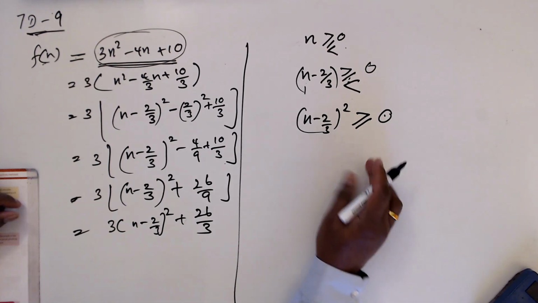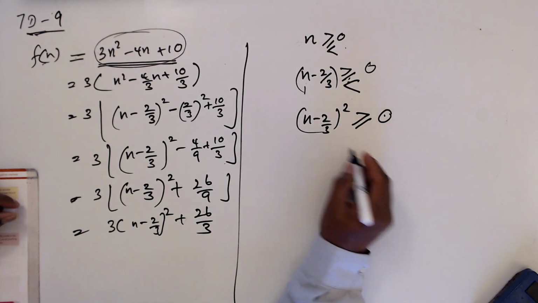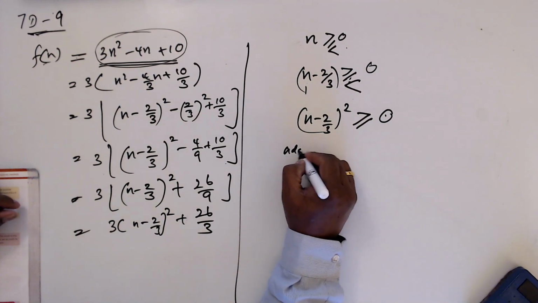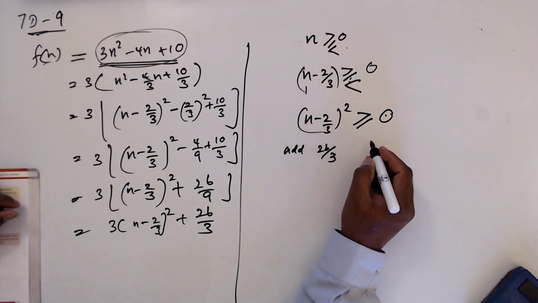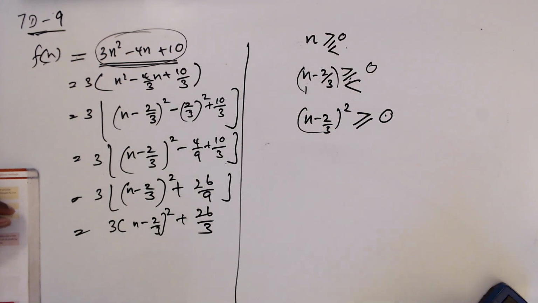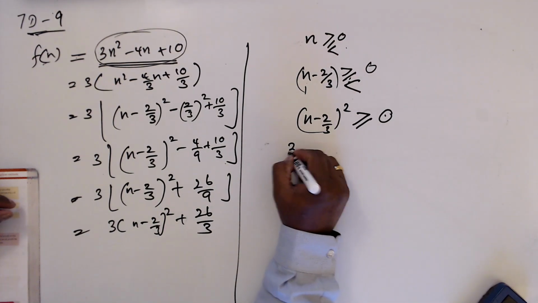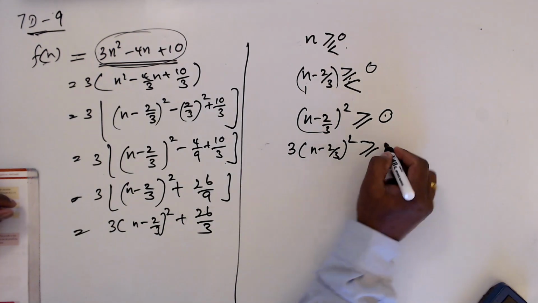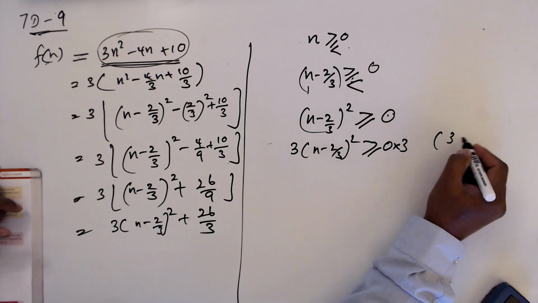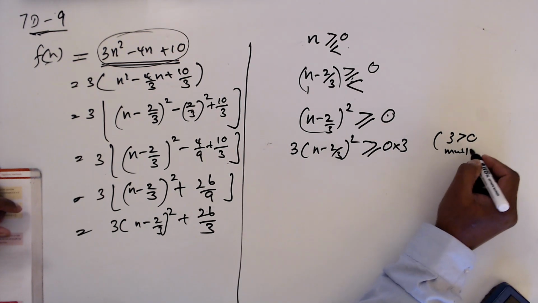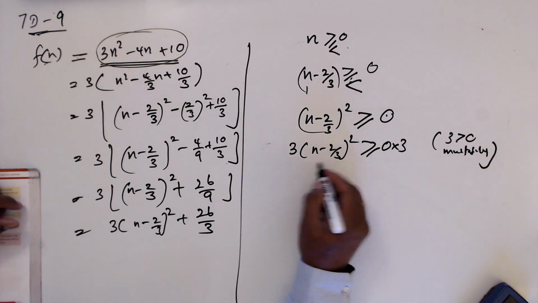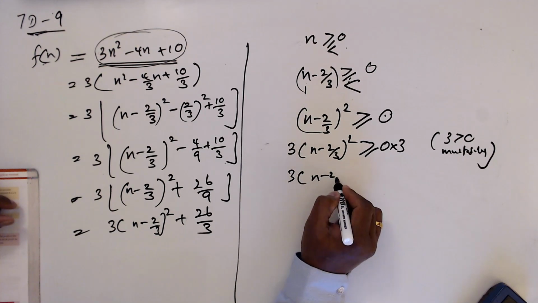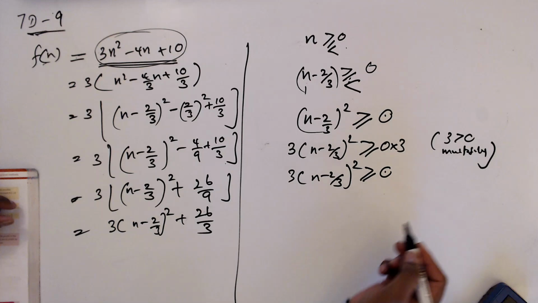Then I will add 26 over 9 to both sides. Sorry, another one, times 3. I missed 3. Then 3 times (n minus 2 over 3) squared is greater than or equal to 0, times 3. Then what can you tell? This is also greater than or equal to 0.